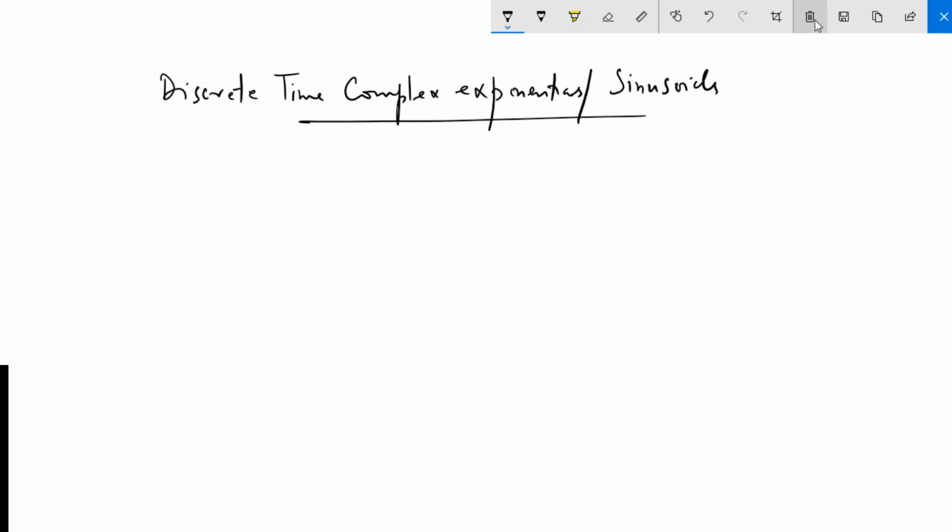Again, like the continuous time case, the complex exponential and the sinusoidal signals in discrete time have similar properties. Okay, so we start with a discrete time complex exponential, which is in the form of e raised to power j omega n, where n is an integer.